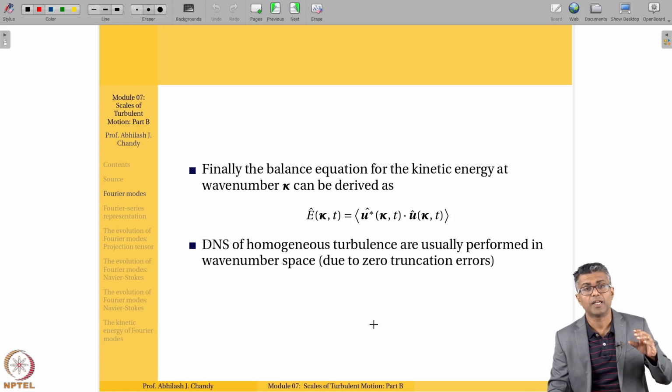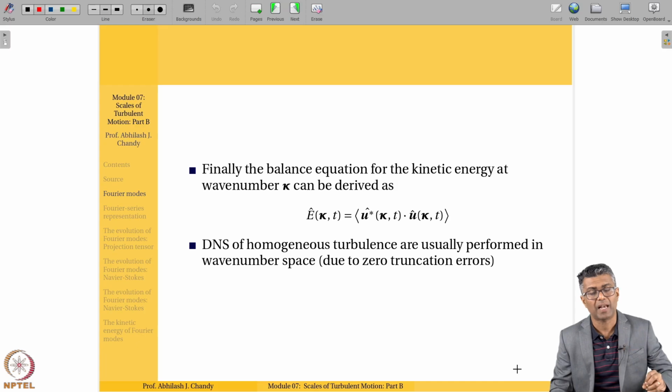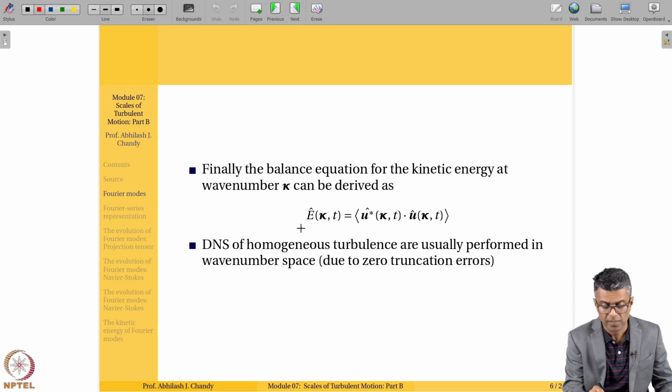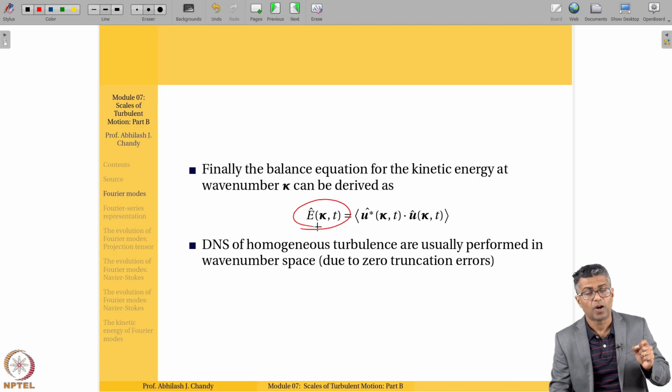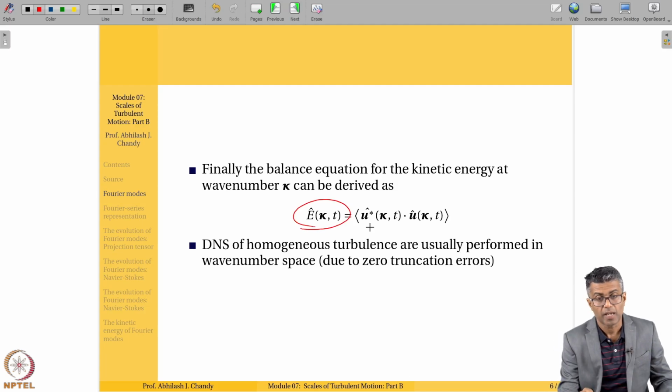Okay. Now, using this definition, we can get the balance equation for the kinetic energy, and we can derive it as E hat of kappa comma t is the average of u star hat of kappa comma t times u hat of kappa comma t.